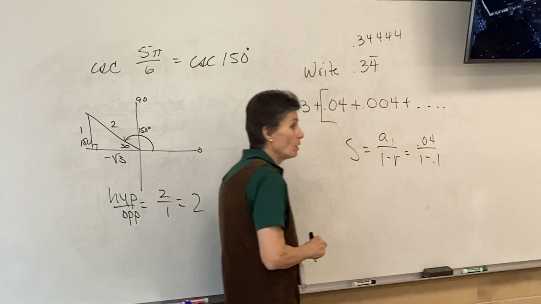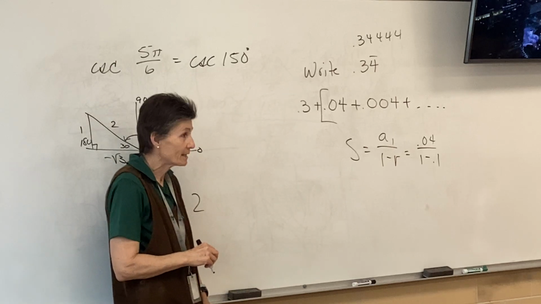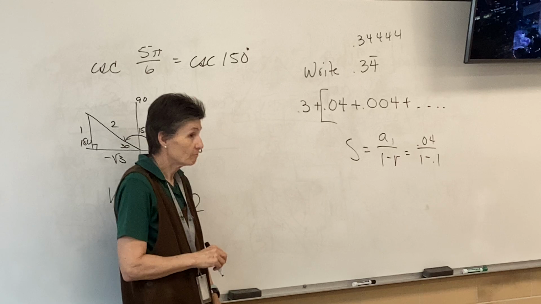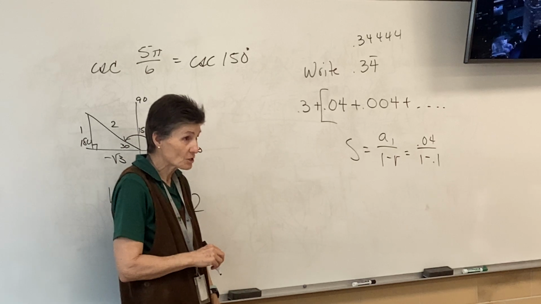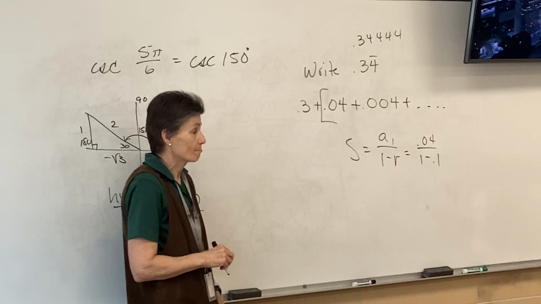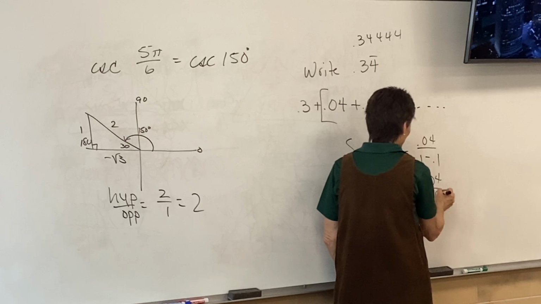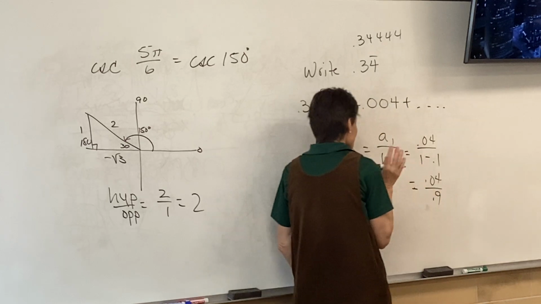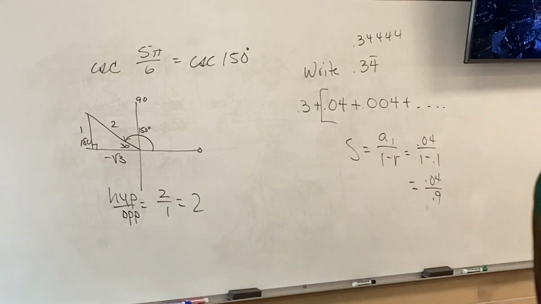Why is it 0.1? Because how many digits are actually repeating? 1. 4 is the only repeating digit. So when there's one repeating digit, it's 0.1. So we have 0.04 over 0.9, which is indeed a fraction, and that was the job of this problem, to change it into a fraction.